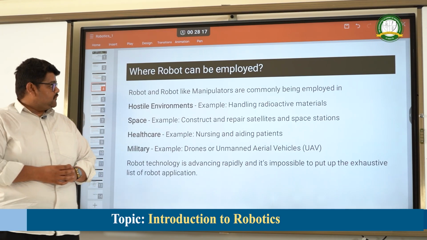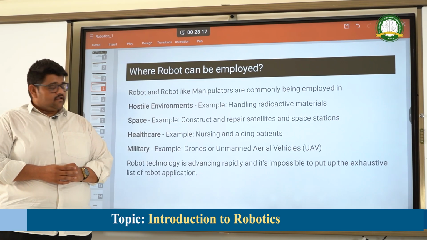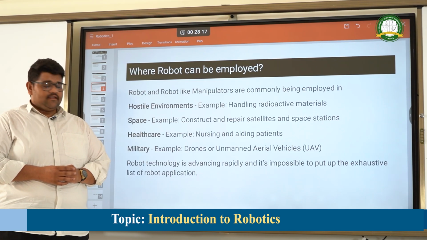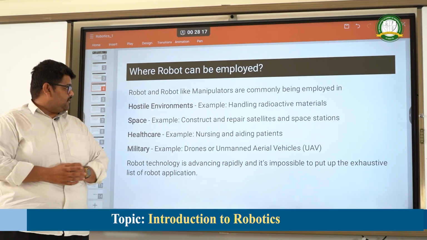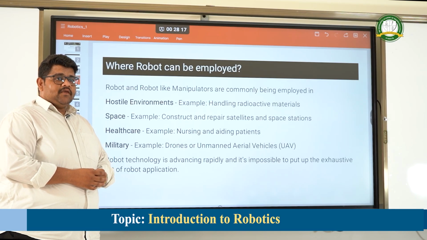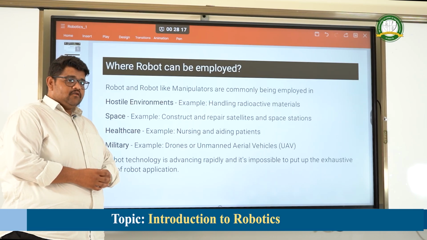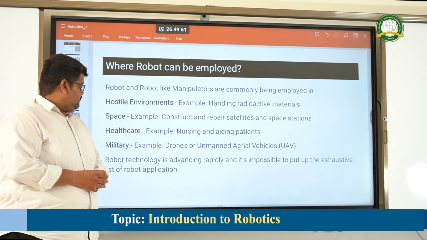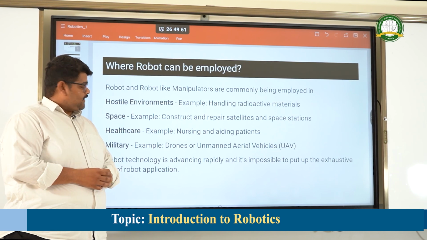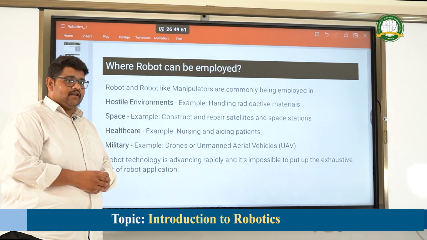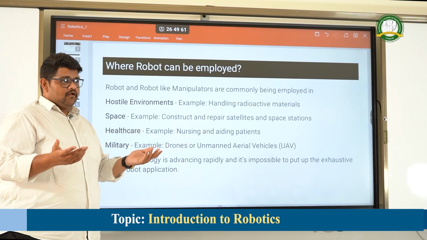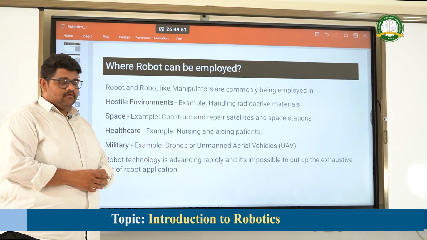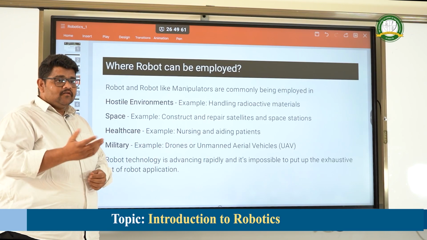Some examples are handling radioactive material in a hostile environment. In space industries, robots are used to construct or repair satellites and space stations. In healthcare, aiding patients and nursing, we have nurse robots.